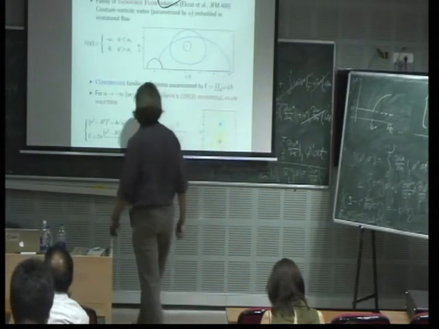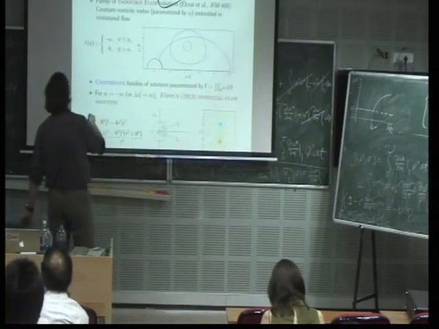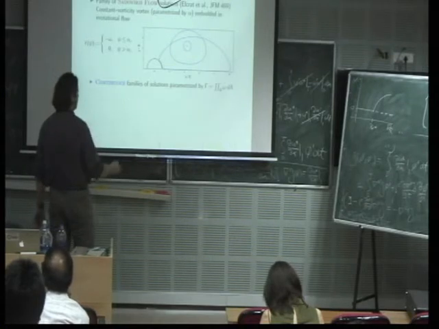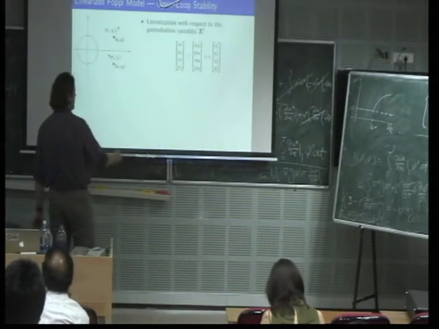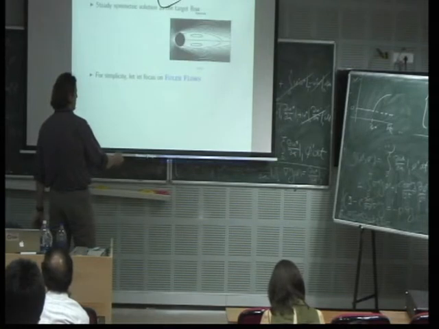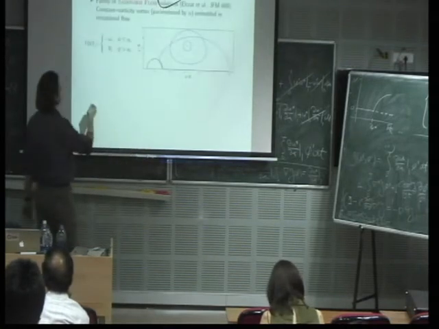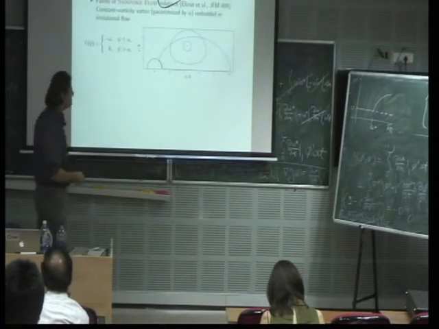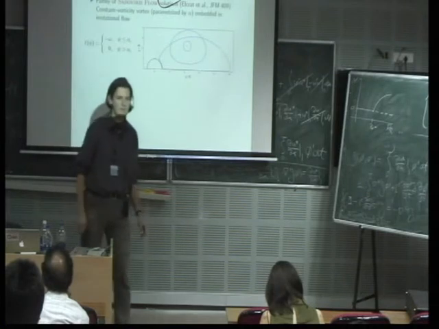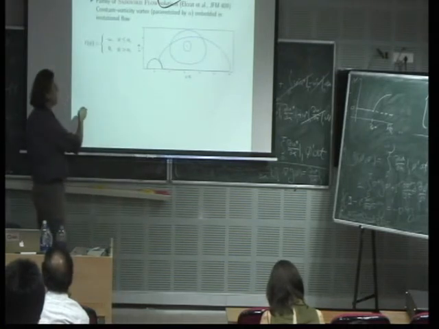So one possible choice for the function f in this Euler equation here, where is it? It's right here, which is motivated by the so-called Prandtl-Batchelor hypothesis, is to use f, which is a Heaviside function, which is either 0 or a constant.